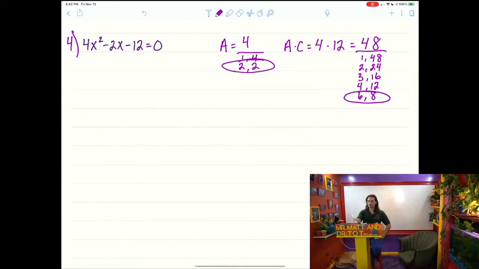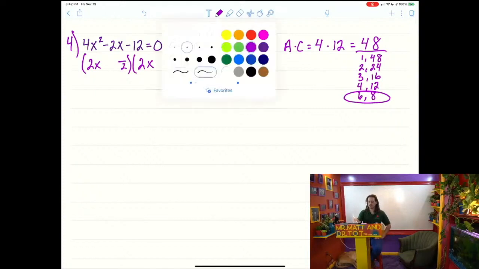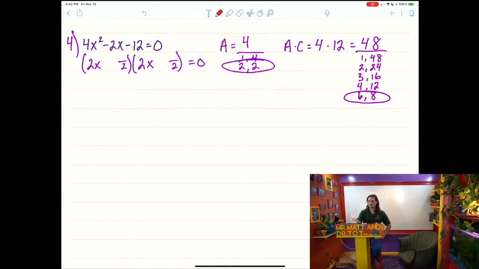Because they're both 2, it doesn't really matter which place I put the 6 or the 8, because they're both affected by 2. I need the 8 to be negative, and I need the 6 to be positive to make a -2. And so this is going to simplify into 2x plus 3 times the quantity 2x minus 4.